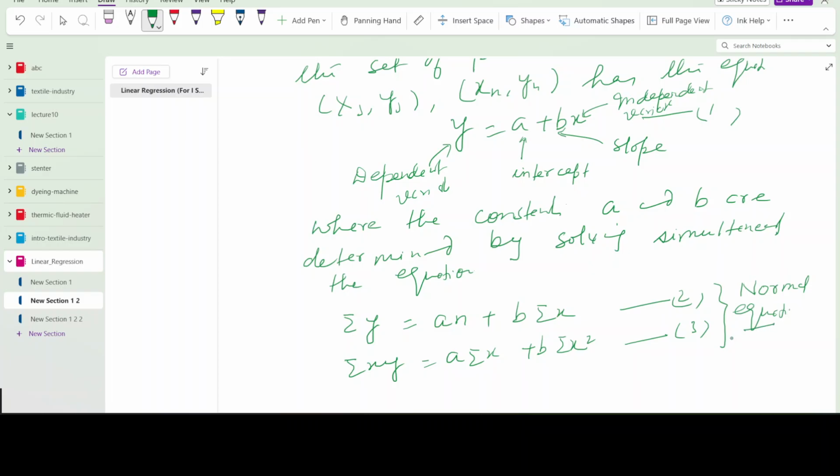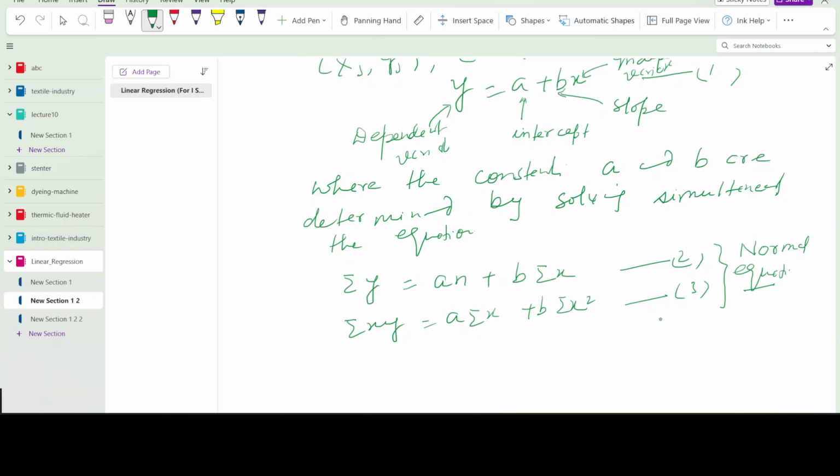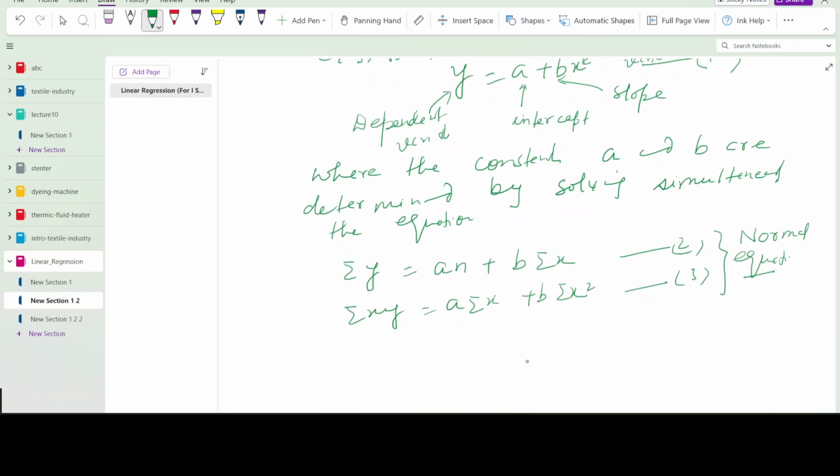These two equations can be derived by minimizing d1 square plus d2 square plus dn square. We have to minimize it.